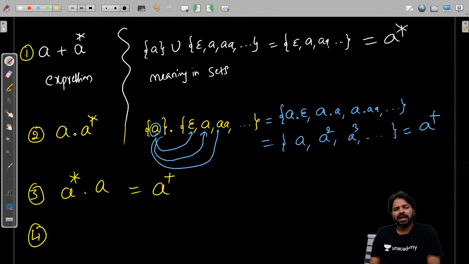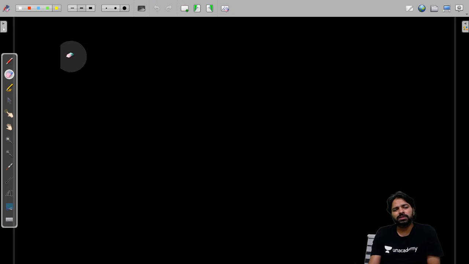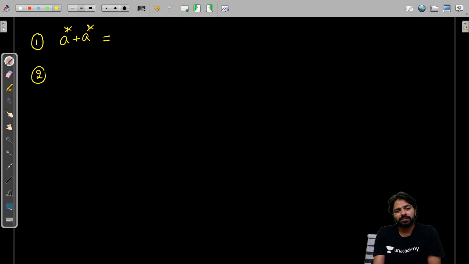So we have many such things. Let me write all of them together so you keep thinking about it. Those people who are not good at it, keep asking questions. I'm asking questions now, guys. It's your job now. A star plus A star. Tell me what is equivalent. Another easy expression: A star plus double A. Third one: A star plus A plus.